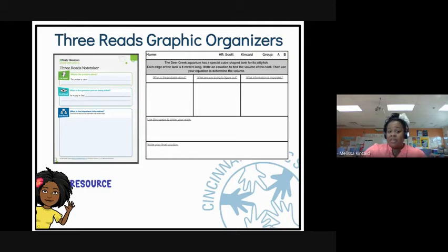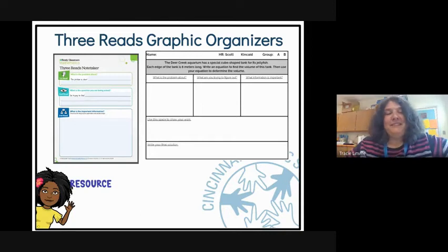So we will link those resources. The one on the left is from iReady. The one on the right is one that I created, but I don't mind sharing it. It's very, very similar, but I needed to be able to do it through Google Slides because everything was online. So we'll share both of those with you in a link with this video.